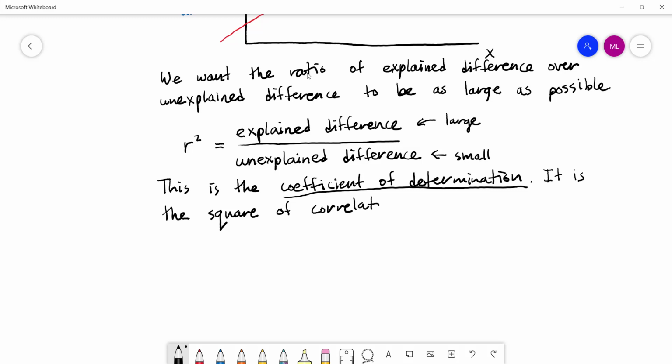So we don't have to go through all this extra work of finding these explained and unexplained differences. If you want to find the coefficient of determination, this r squared, all we really need to know is the correlation coefficient, and then we just square it. If you're using the TI-84 calculator, it even spits this number out for us.